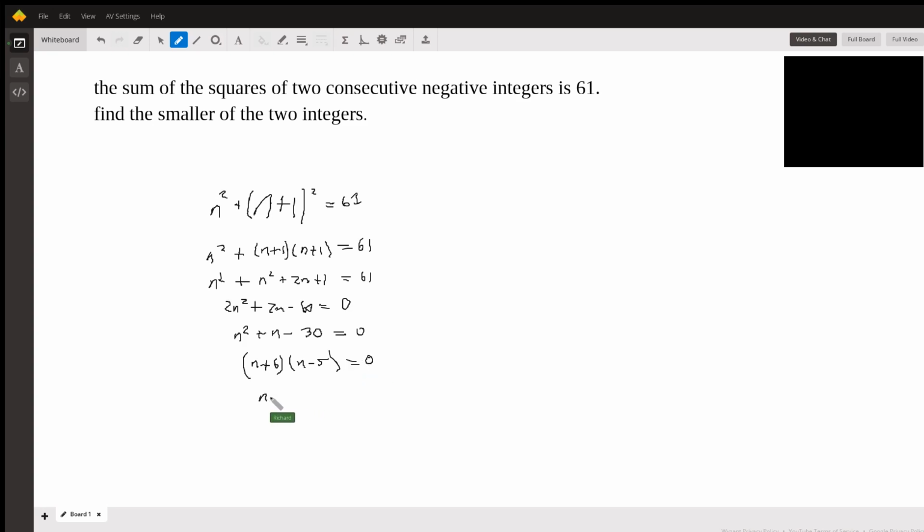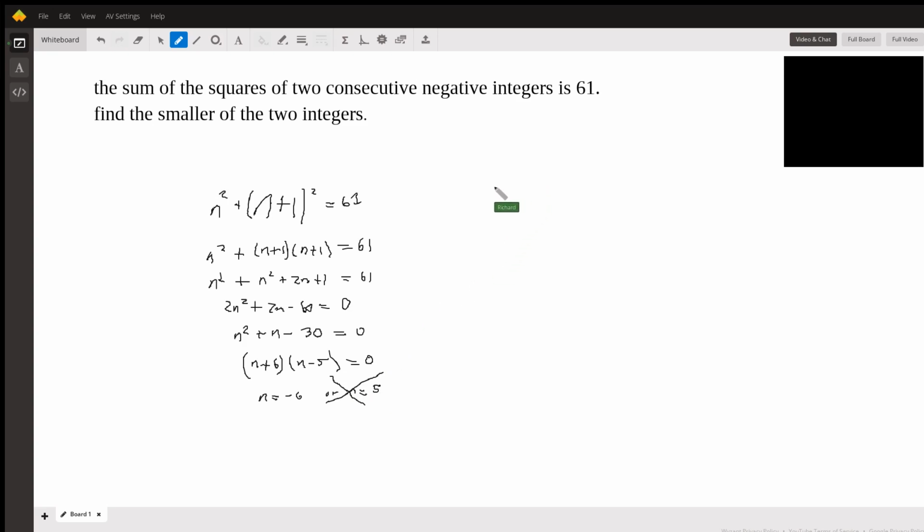And so n would be negative 6, or n would be positive 5. We're going to ignore this one because we want n to be a negative value, so we're just going to ignore that altogether.